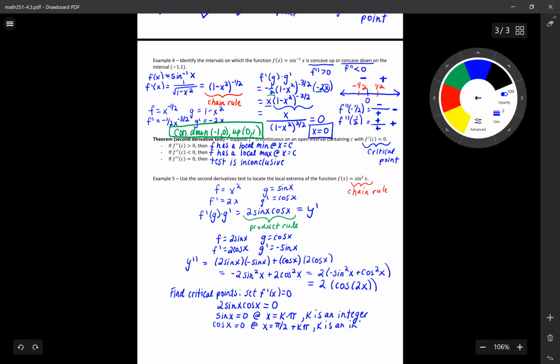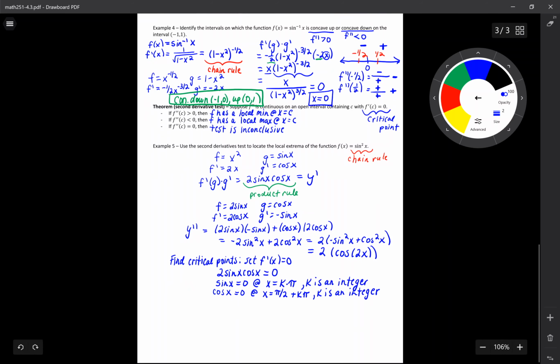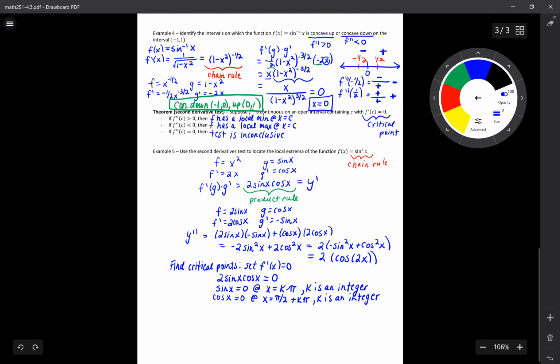So basically, every 1/2 pi, we have this function 2 sine x cosine x equal to 0. So our critical points, if I summarize both of these, pi k and pi over 2 plus pi k, I can combine these both into pi over 2 k, since basically I have a critical point at every pi over 2, where k is an integer. These are my critical points.